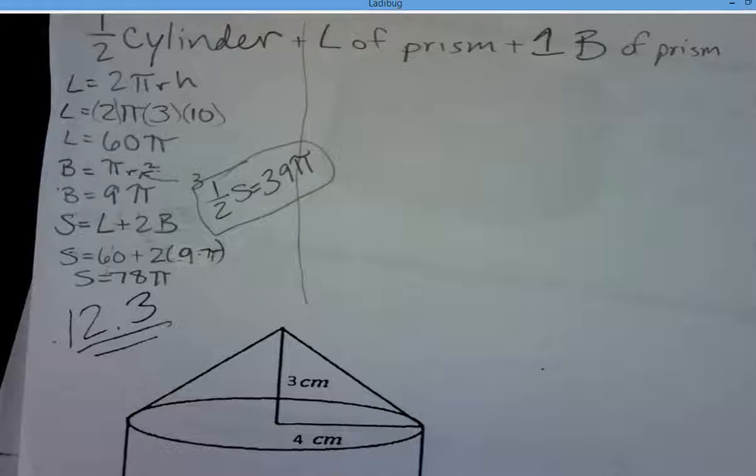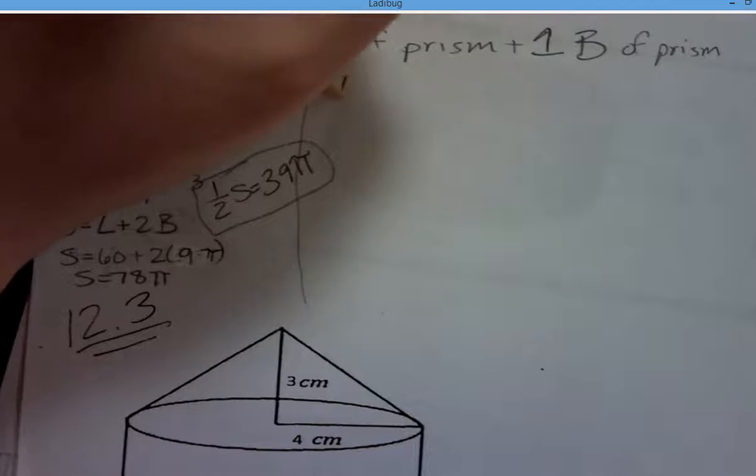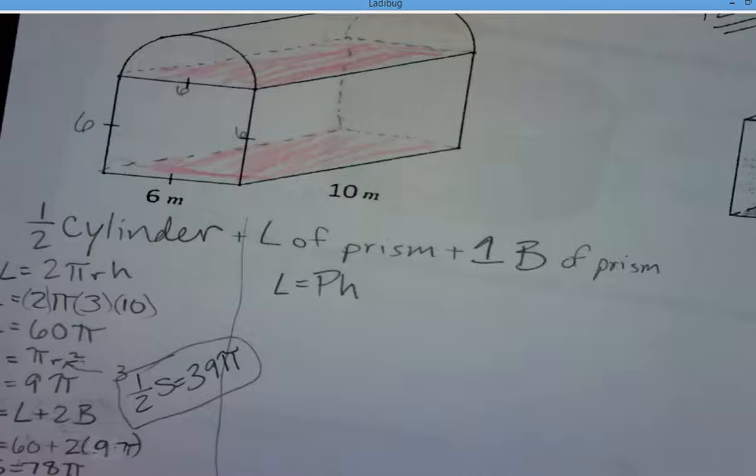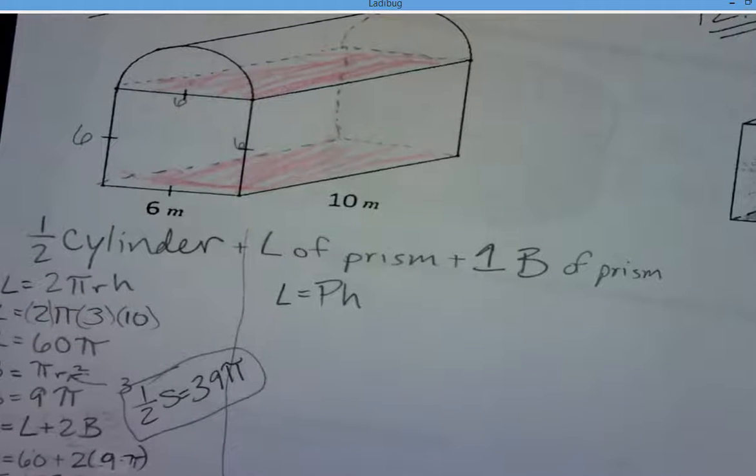You can just rewrite it on the top. So the lateral area of the prism, our L is going to equal capital P times H. We must first remember what is the perimeter of the base: 6 plus 10 plus 6 plus 10.